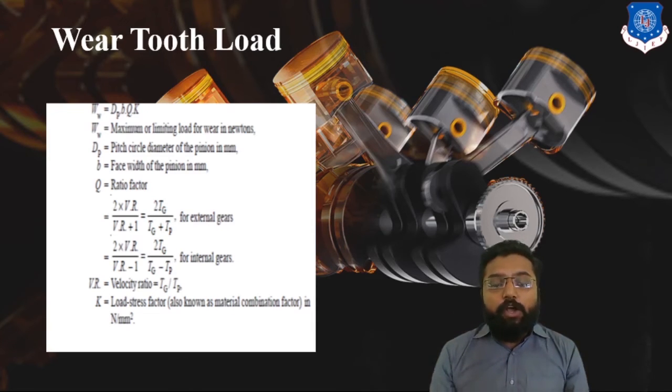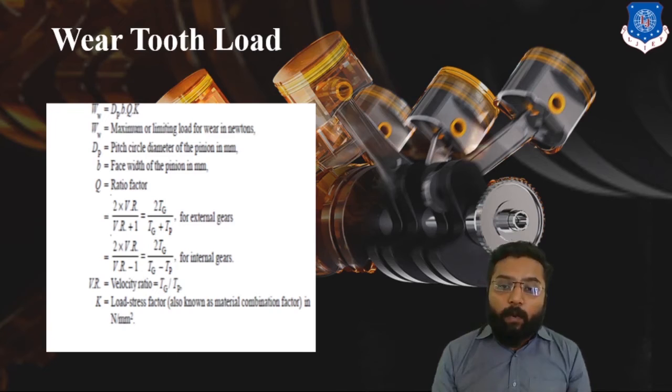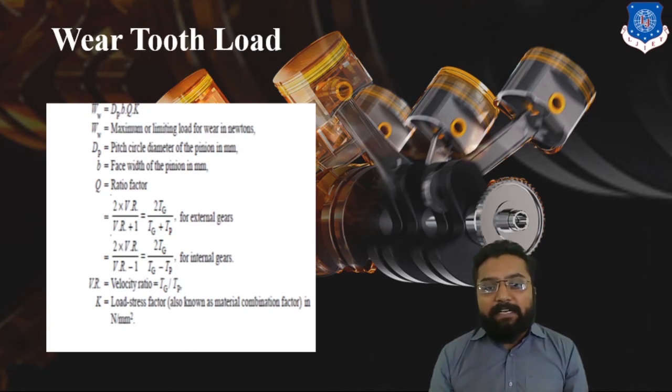What kind of ratio? The velocity ratio factor, which has a value of 2 into velocity ratio upon velocity ratio plus 1, which can also be represented as 2 into TG upon TG plus TP.